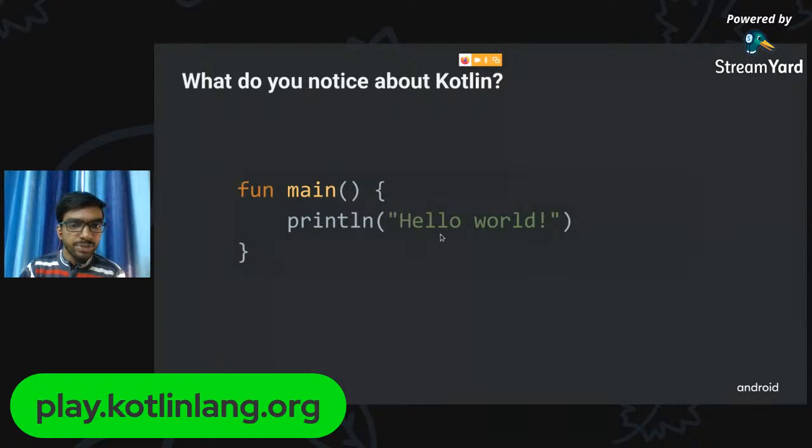Like here we are printing hello world. One important thing you must notice is that there is no semicolon after any statement. Just like Python, Kotlin doesn't mandate the use of a semicolon after each statement. You can use it, but it's optional. You can avoid it too.